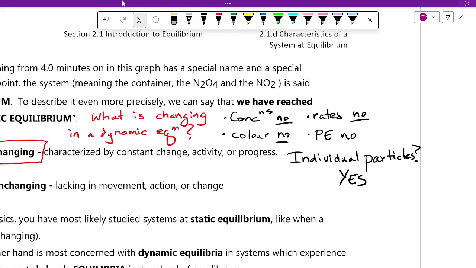So you have change at the particle level, but at the macroscopic level, you see nothing.